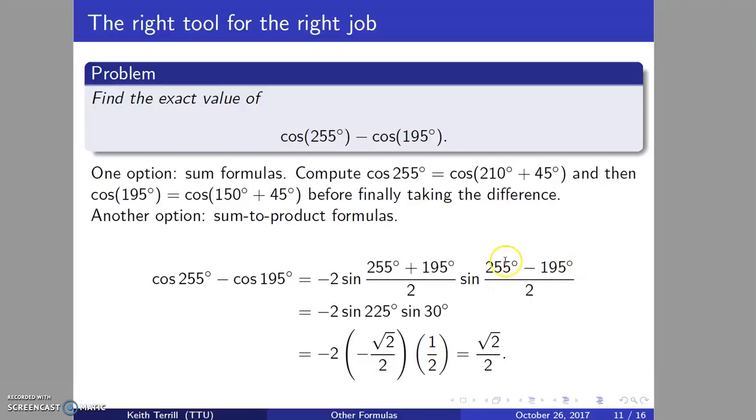The sum over 2 is an average, the difference over 2 is the midpoint. So you do that, and you would get negative 2 sine of 225 times the sine of 30, all in degrees, of course. The exact value for sine of 225 is negative root 2 over 2. The exact value for sine of 30 degrees is 1/2. Put all that together, and you've got root 2 over 2.